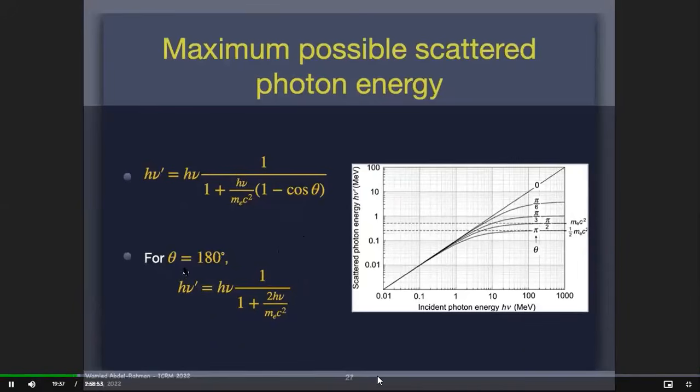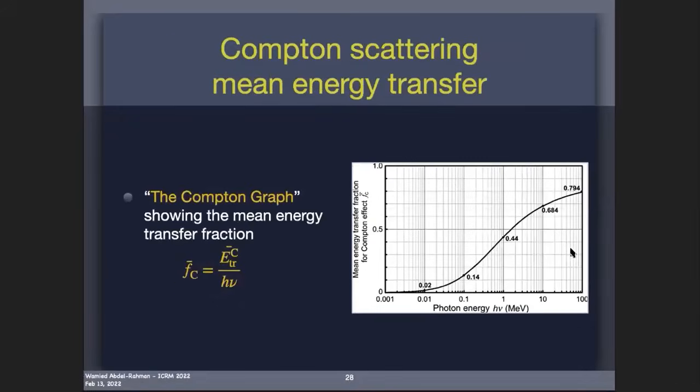We can use this formula and set, for example, theta equal to 180, and we plot the energy of the scattered photon against the incident photon energy. It approaches a value of mec squared over 2. So in general, the backscattered photon can never have an energy greater than 0.255 MeV, regardless of the incident photon energy.